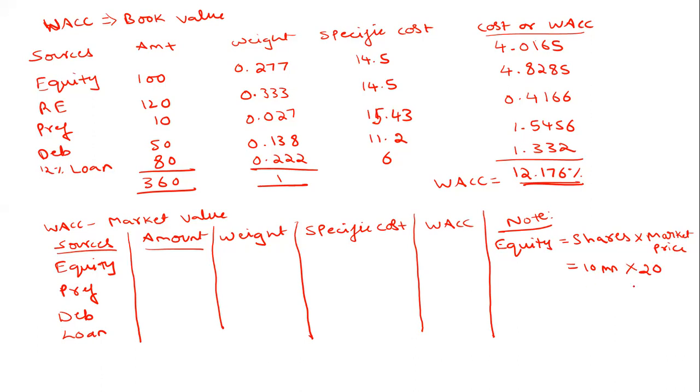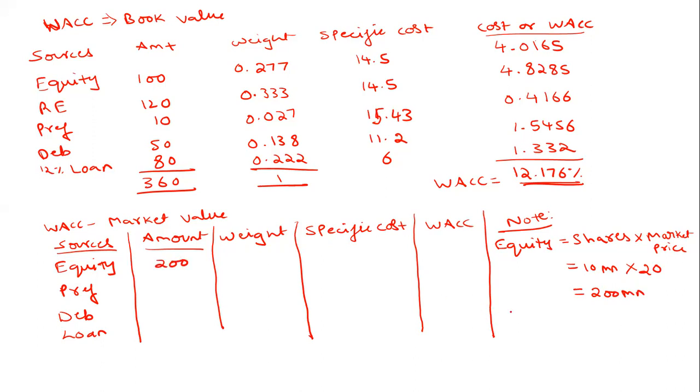Multiplied by 20 gives 200 lakhs, so 200 million. That 200 million you will be writing here.